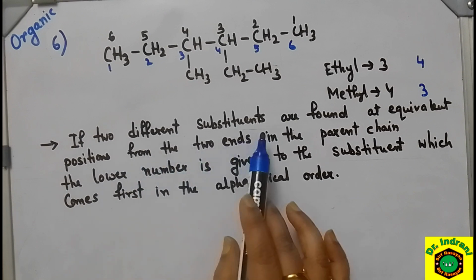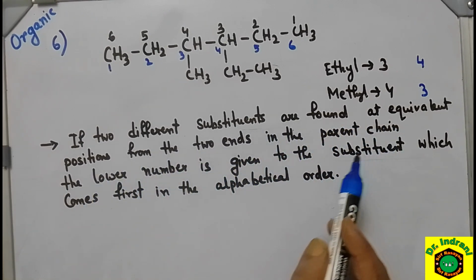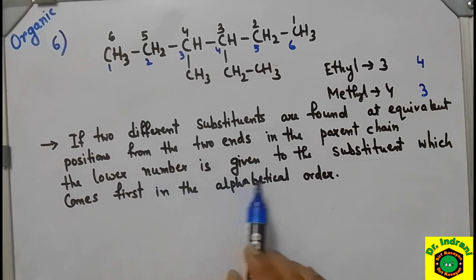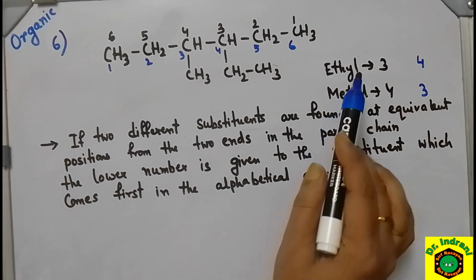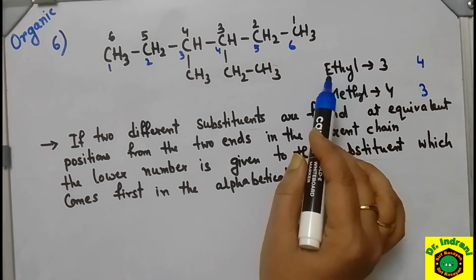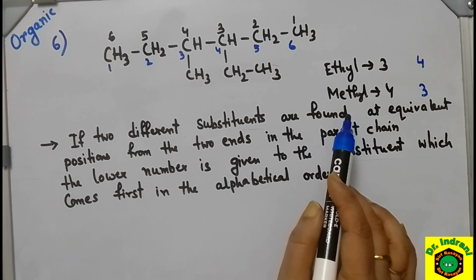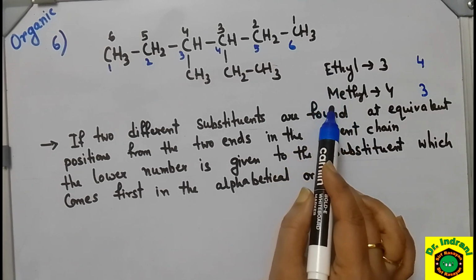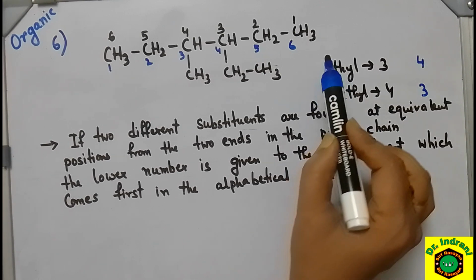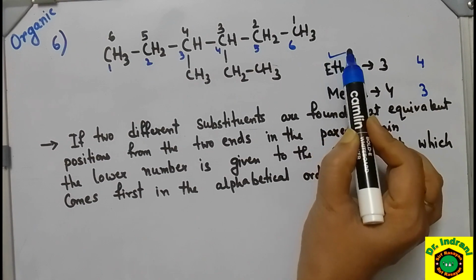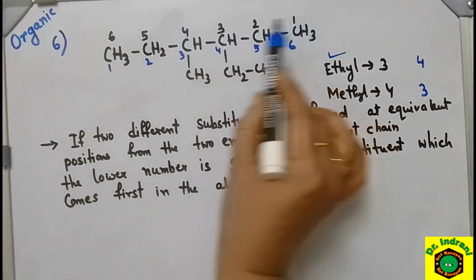So if two different substituents are found at equivalent positions from the two ends in the parent chain, the lower number is given to the substituent which comes first in alphabetic order. So between ethyl and methyl, ethyl comes first alphabetically, then methyl, because E comes before M. Therefore for ethyl we have to give the lower number, meaning we give 3 for ethyl and 4 for methyl, meaning this upper one is correct.